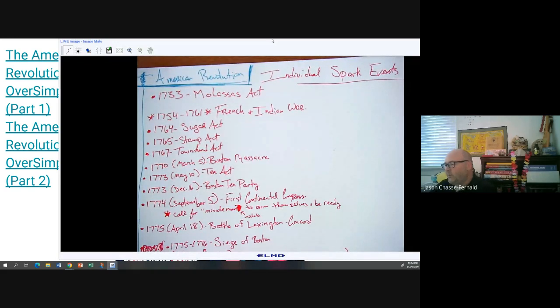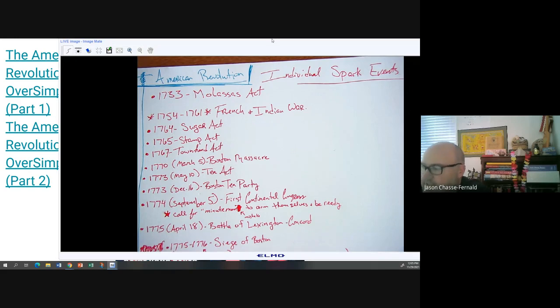What we're looking for here is the cause of the American Revolution. My first one here is the 1733 Molasses Act. Then of course the French and Indian War, and then we see a number of different acts being put into place: the Sugar Act, Stamp Act, and Townshend Acts.